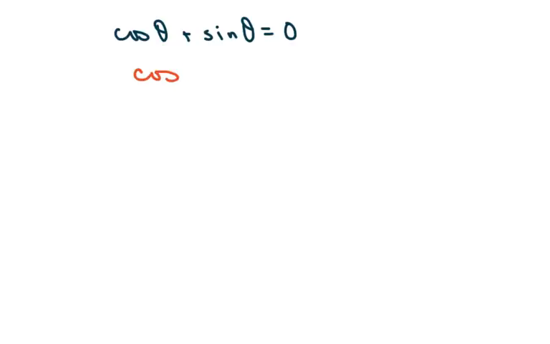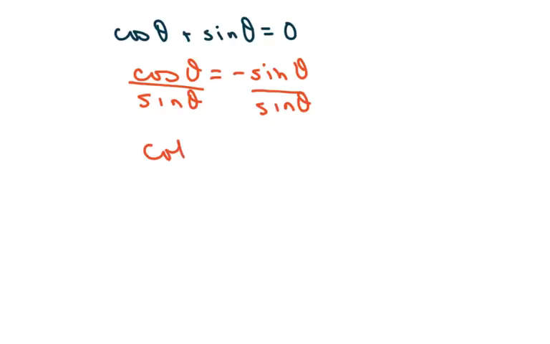I'm going to go ahead and move the sine over to the right and divide both sides by sine. When you do that, you get cotan of theta equals -1.